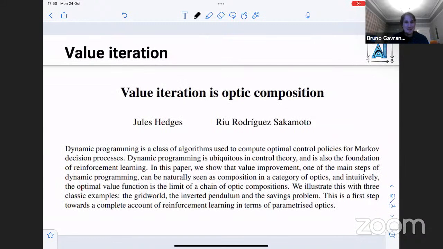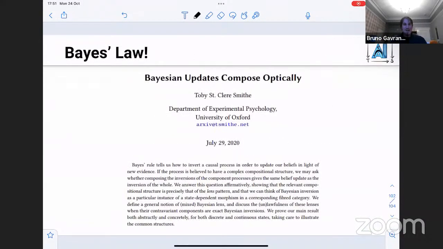Optics, and this is yet another very recent paper, which is why we're not really talking about it in depth. This is a current area of research. You can model value iteration from reinforcement learning using optic composition. So this is insanely interesting. Likewise, you might have heard people, when they talk about probability and Bayes' law, sometimes refer to it as the chain rule. This is a statement that can be made precise using category theory.